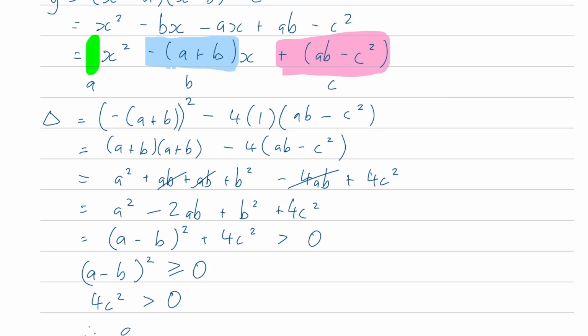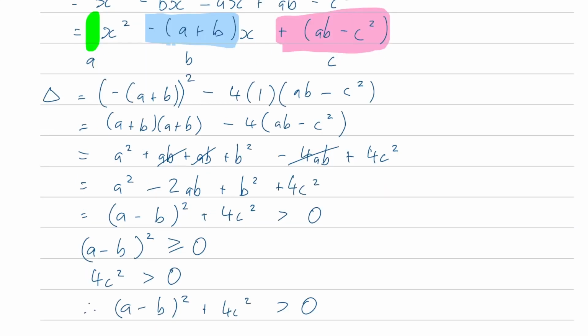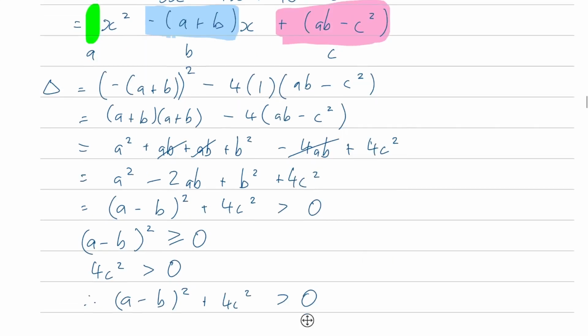Therefore, the sum of those two components must also be greater than 0. Right? If a minus b squared is equal to 0, that's fine, because 4c squared is still greater than 0. Therefore, two distinct roots.